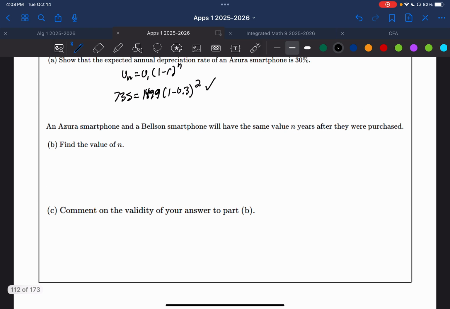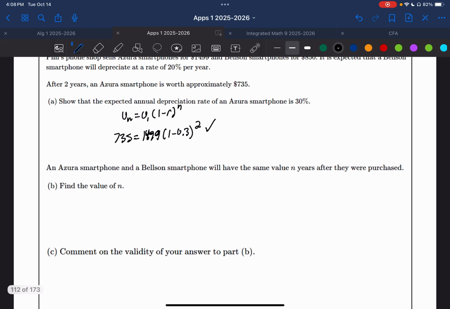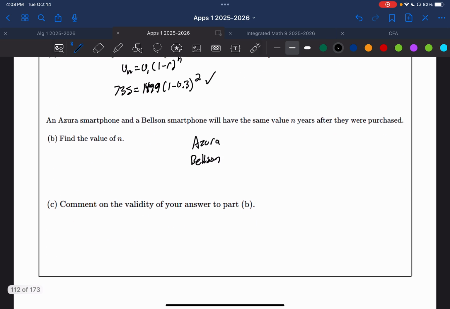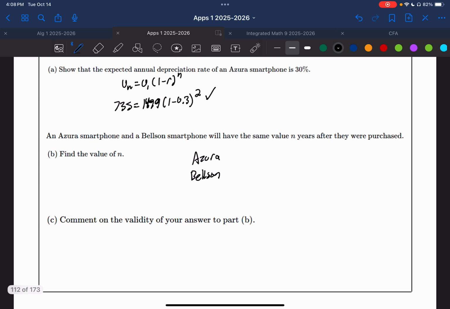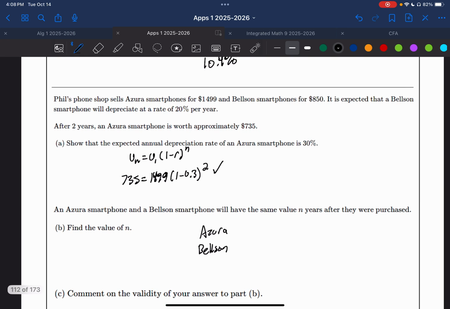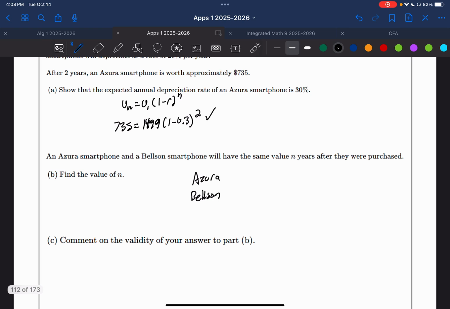An Azura smartphone and a Belson smartphone will have the same value n years after they were purchased. All right, so we can do this a variety of different ways. What I'm first going to do is create explicit formulas for the price of an Azura smartphone and a Belson smartphone after n years.